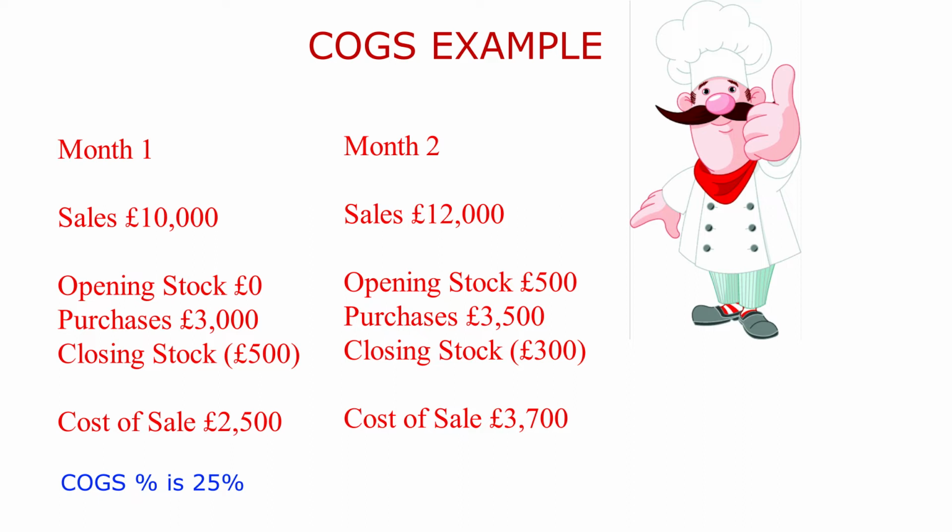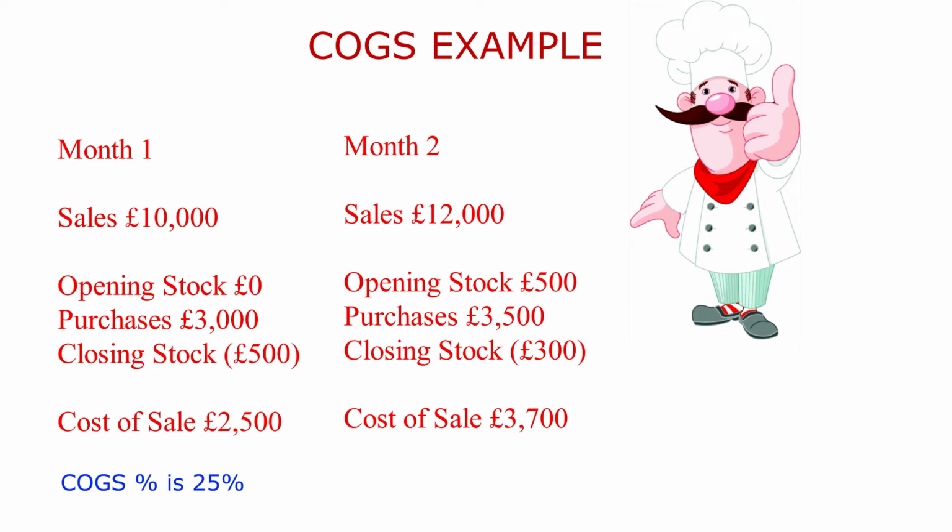This means that for every pound of sale being generated in your restaurant, 25p of that £1 is associated with the cost of your food and drink. So for every pound that you are selling in the restaurant, 25p is allocated to the cost of food and drink, and then the balance of 75p will be used to cover the rest of your overheads.